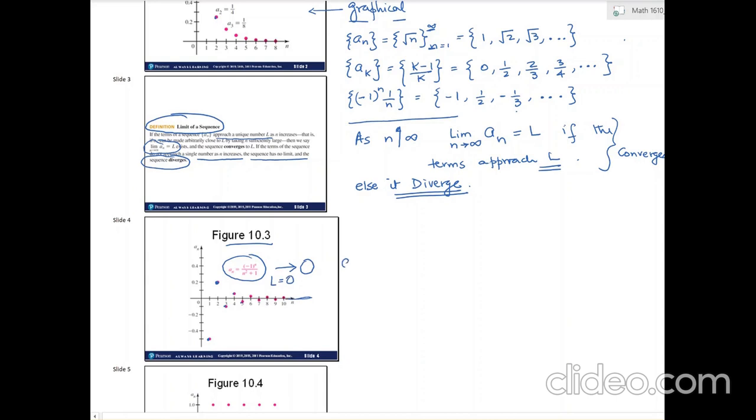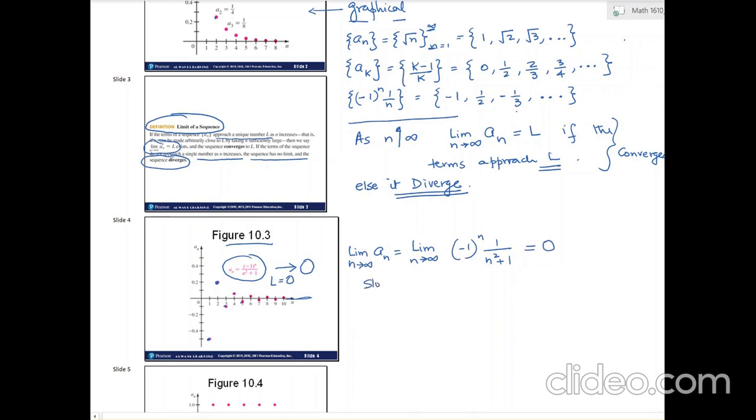Another way to write it is the limit of an as n goes to infinity, which means the limit as n goes to infinity of negative 1 to the power n times 1 over n squared plus 1 is equal to 0.